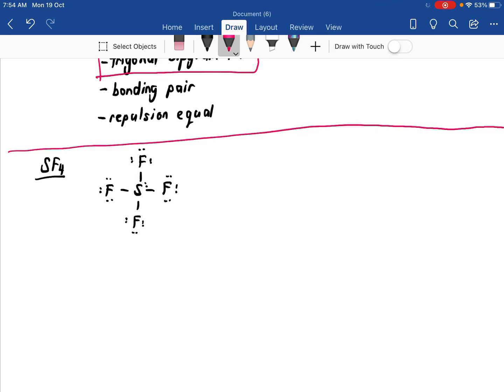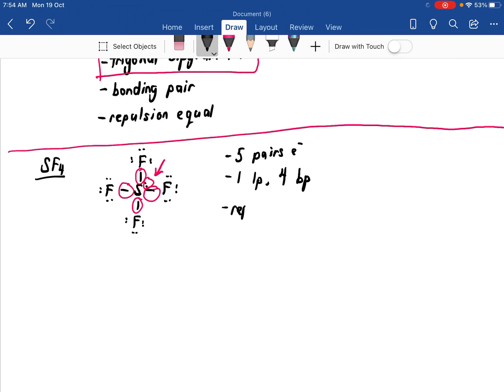If you look carefully, there are 5 pairs of electrons. We have one lone pair of electrons and 4 bonding pairs of electrons.